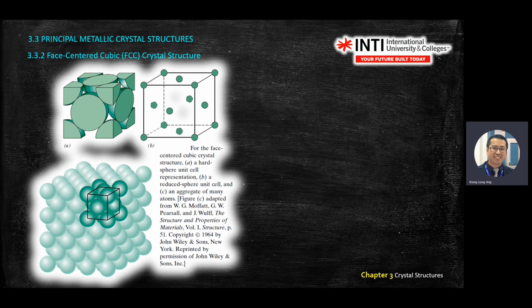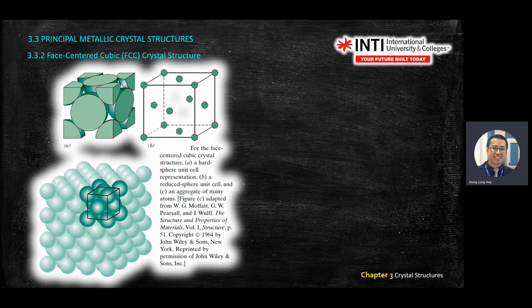First is the hard sphere, which helps you count the number of atoms inside the cube, because again, you need the number of atoms within the cube to calculate the APF. Then the second one, the reduced sphere, helps you do the analysis for A and R. Then the third is the more realistic one, as you would view under a microscope.